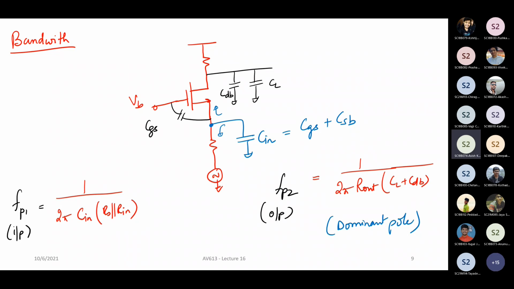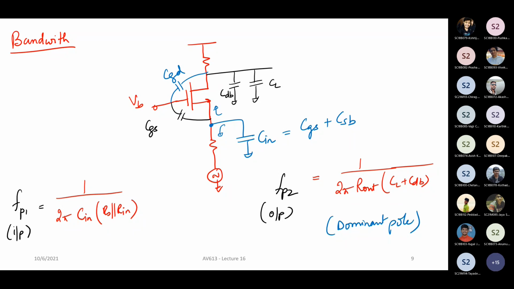Sir, what about CGD in the picture? Yes, you'll have CGD here, so Cin will also contain this CGD. Typically, you can write the expression, which is why we say Cin is given by this thing. But the point is, how can you apply the Miller approximation here?